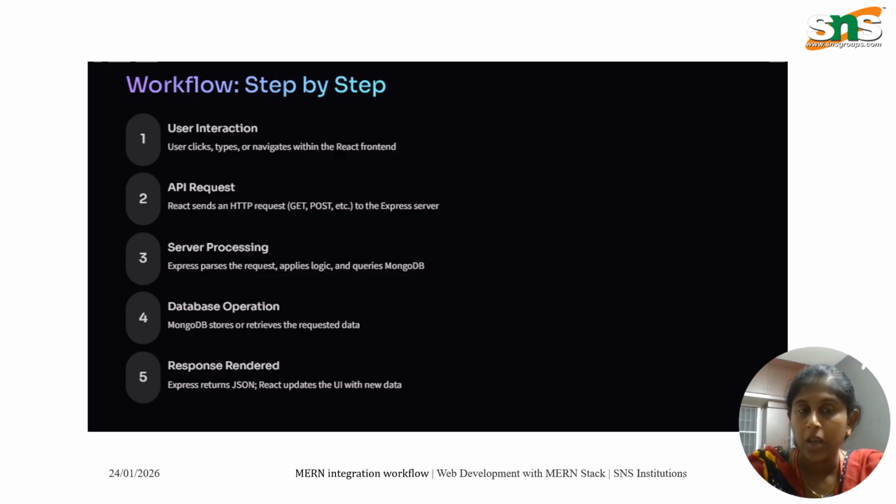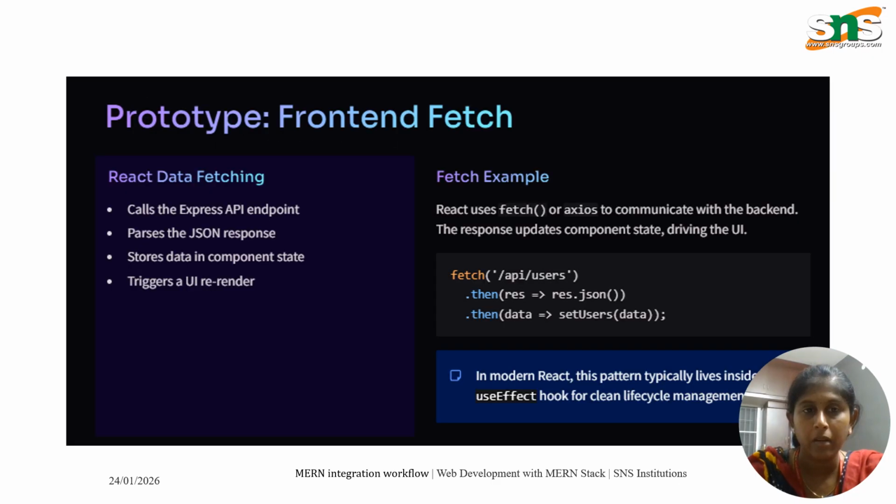Step 4, database operation. MongoDB performs database operations such as inserting, updating, deleting, and retrieving records. Step 5, response rendering. The backend sends the response to React and React updates the UI dynamically. This overall process happens continuously in modern web applications.